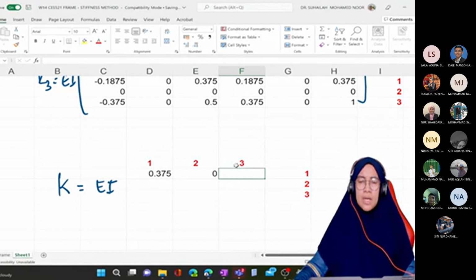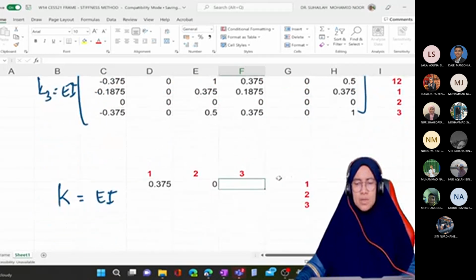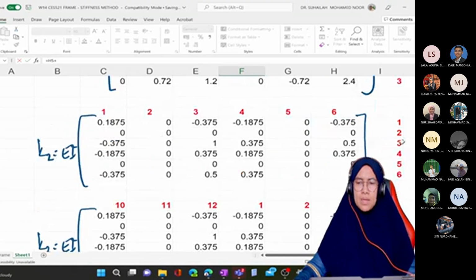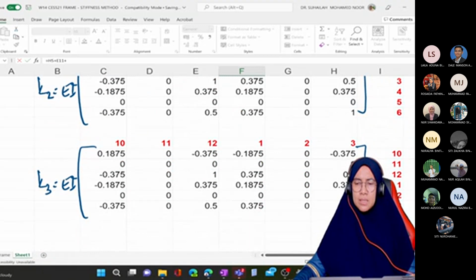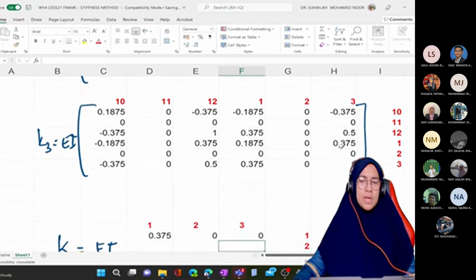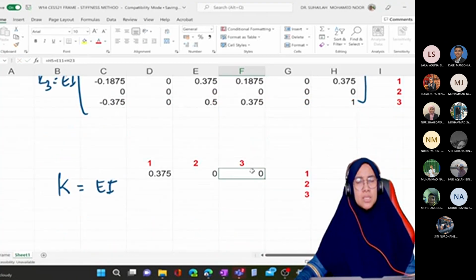Next, position 1, 3. 1, 3 in K1 is 0. 1, 3 in K2 is negative 0.375, plus 1, 3 in K3, 0.375, so it is 0 as well.